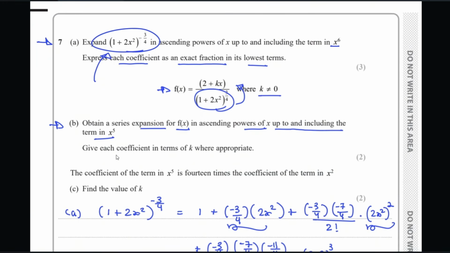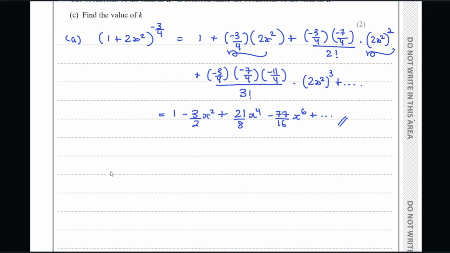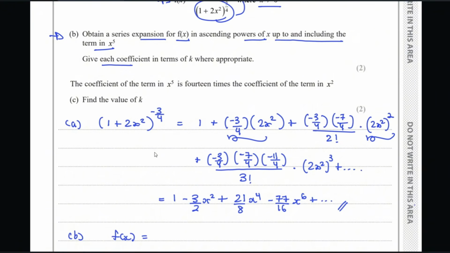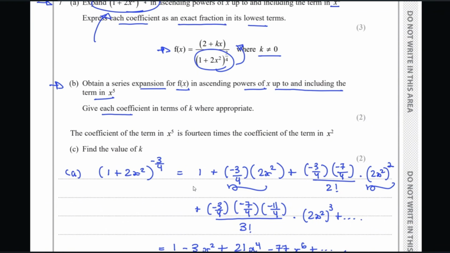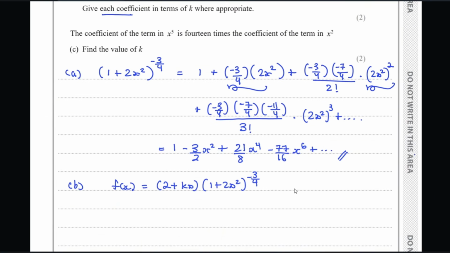They also say give each coefficient in terms of k where appropriate. So question B, f of x is equal to 2 plus kx, and then let's just move the denominator to the top so that it becomes 1 plus 2x squared, the entire thing to the power minus 3 over 4, where k is not equal to 0.